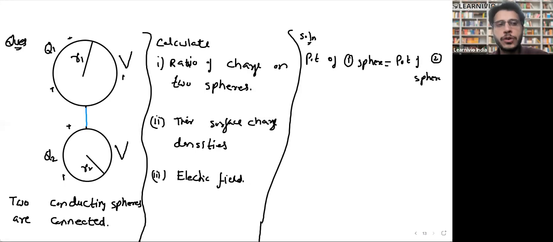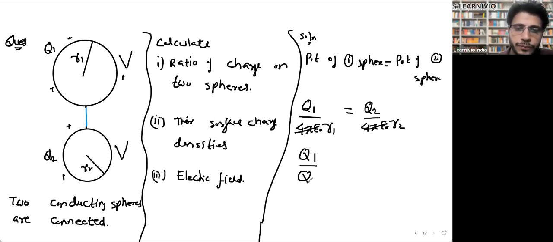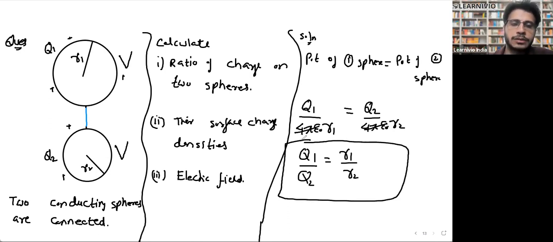The potential of the first sphere is Q1 over 4 pi epsilon naught R1, and of the second sphere is Q2 over 4 pi epsilon naught R2. The 4 pi epsilon naught cancels, and you get Q1 by Q2, the ratio of charges, equal to R1 by R2. Is it clear? Yes, sir.